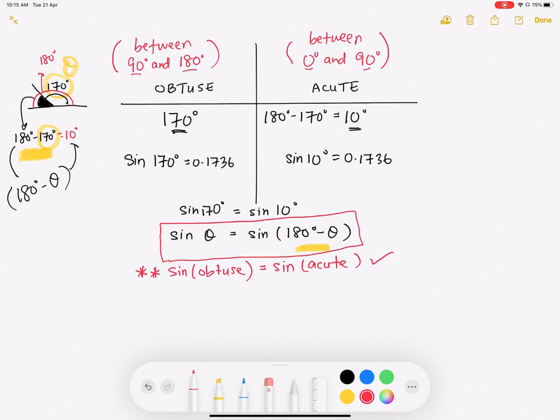So to summarize, we have sine 170 here and sine 10. They are related by 180 degrees minus theta. One is obtuse on the left, 170 is obtuse, 10 degrees is acute. They have the same value, so we can conclude that the sine of obtuse angle is equal to the sine of acute angle.